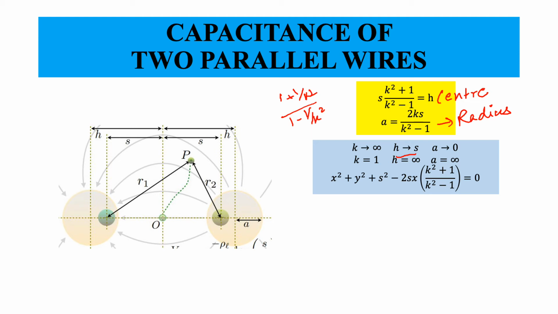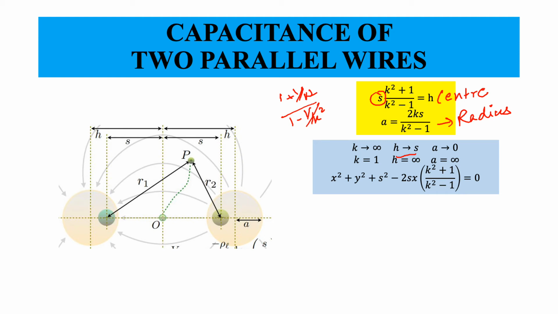Putting k square equal to infinity, these two terms become 0 and I am left with 1, and 1 multiplied by s means h approaches s. So the line charge can be thought of as centered at the origin for k going to infinity.